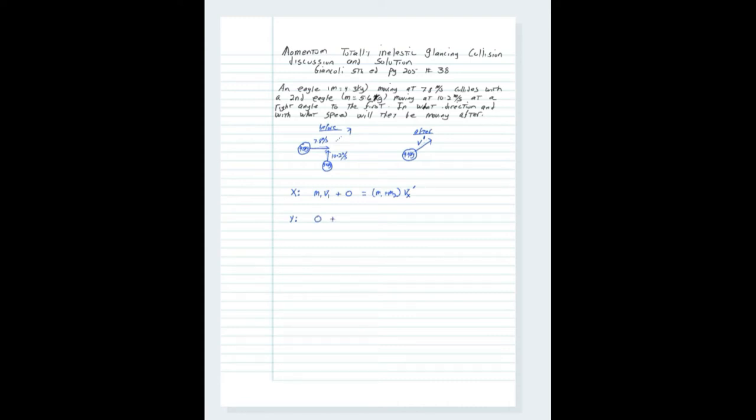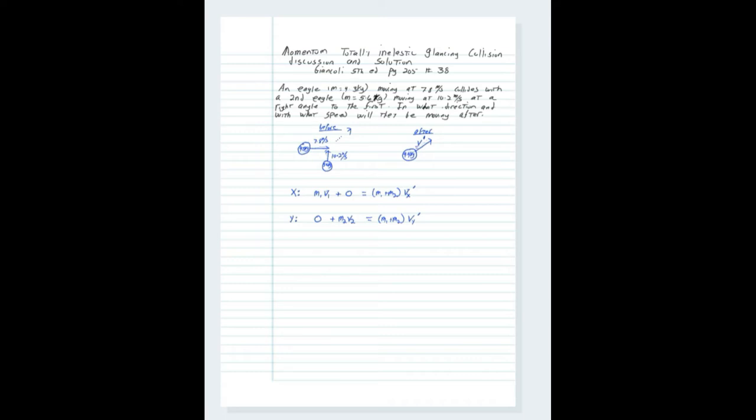The second eagle definitely does. And then afterwards, they stick together and move off with some velocity in the y direction. So I can find the x velocity and find the y velocity, and then use that to find the overall velocity, which is v prime that I have here.